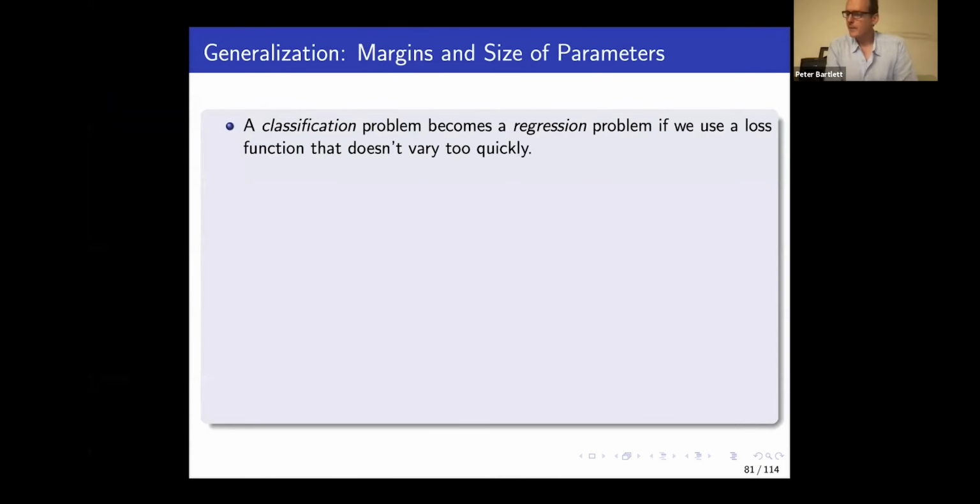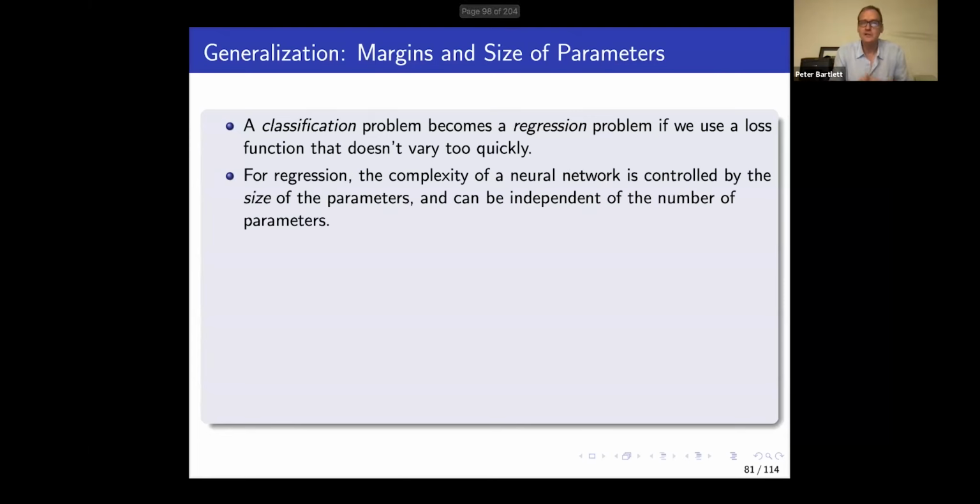So just to sum up this part, and I think I'm going to have to end after this part. We've seen that this large margin setting lets us turn a classification problem into a regression problem, and that's appropriate if we're using a loss function that's continuous.